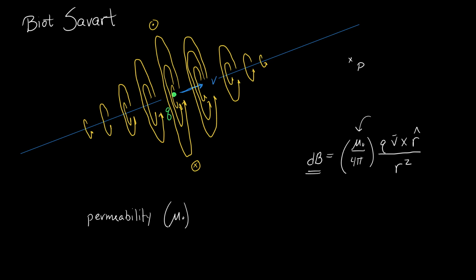The r hat is a unit vector that points from the point charge to the location in space where we're looking for the magnetic field. Okay, that's what r hat stands for. It is a unit vector, so its size is 1. But it contains directional information. So r hat is in the direction from where our point charge is to where we're observing it in space.